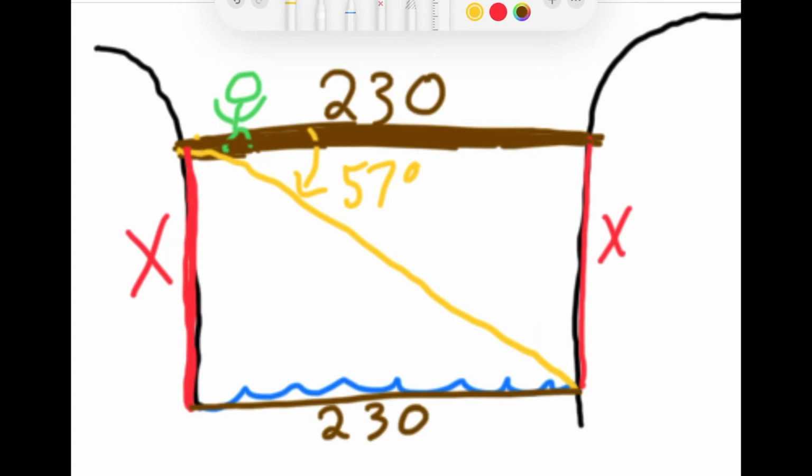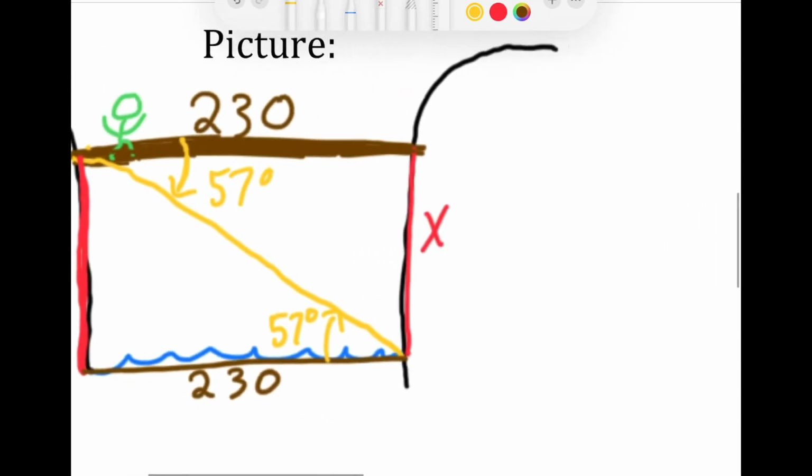Now, from the top parallel line to the bottom parallel line, we have that yellow line cutting through it, kind of like our transversal that we talked about at the beginning of this video. So if our angle of depression is 57 degrees, that means our angle of elevation is also 57 degrees.